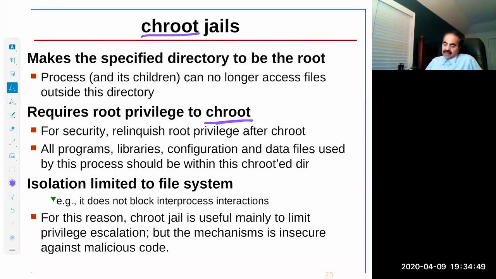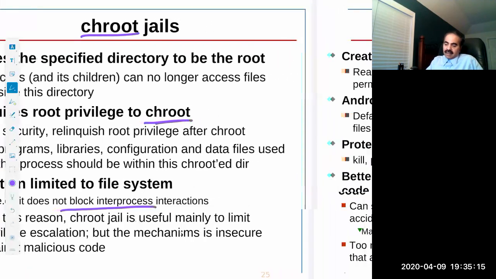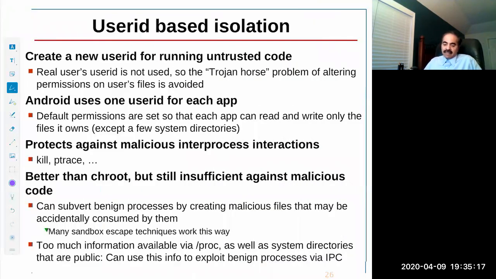For instance, it doesn't prevent the process from interacting with other processes in the system, so it can send a signal to other processes. This may not be something that you want for an untrusted process. So it's not a very modern approach, and there are a number of other alternatives available.